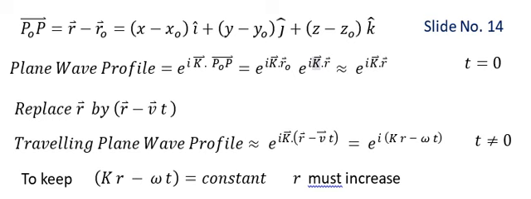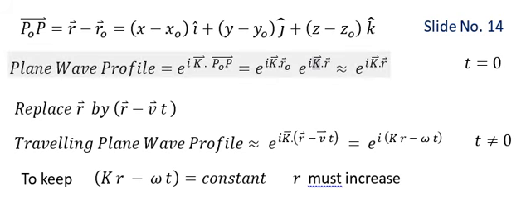So you see that now we can write the plane wave profile as e to the power iota k dot the vector P naught to P. And this is given by, if we substitute the upper value over there and write briefly, that is, if you replace the P naught to P vector by r vector minus r naught vector, then you can write e to the power iota k dot r naught and e to the power iota k dot r.